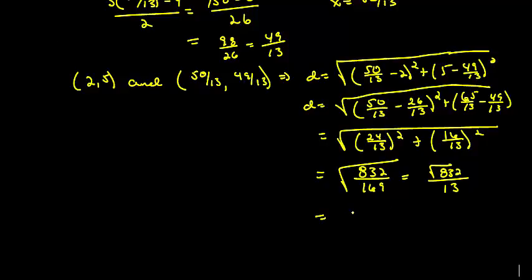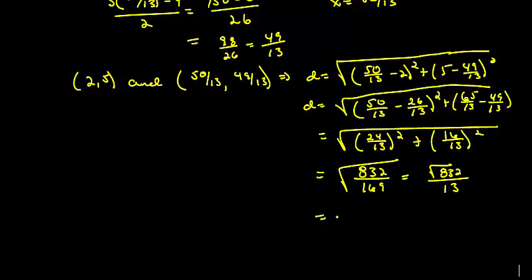Well, 832 is definitely divisible by 16, and then I've got 52 left over. I don't think any perfect squares go into it, except for 4 again. I'm not doing this in my head right now.